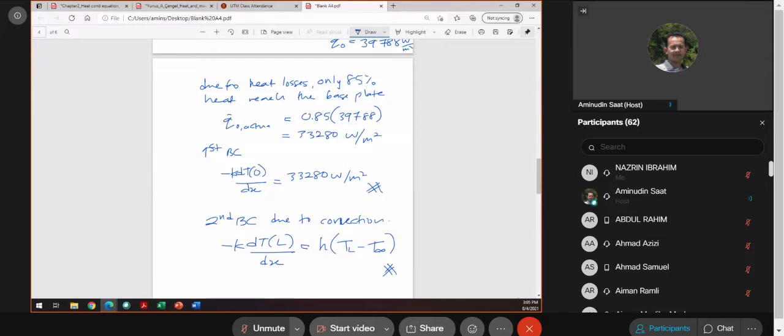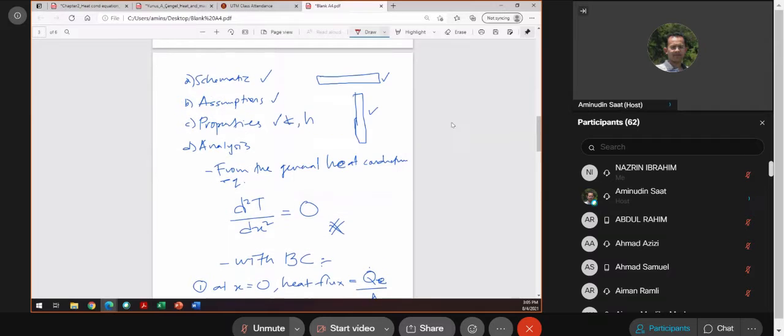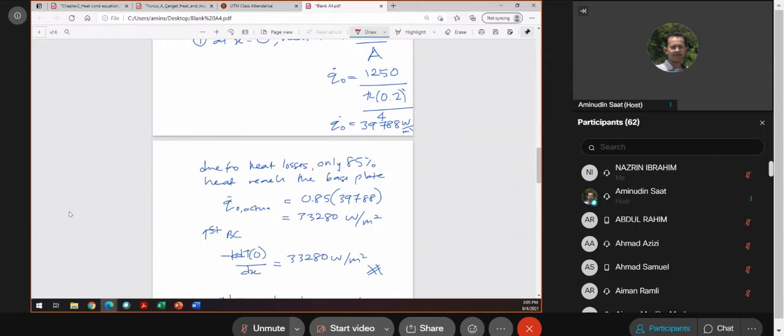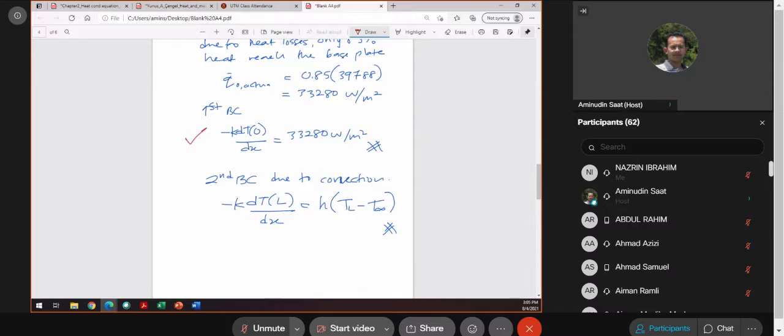So basically you have three mathematical formulations for this problem. This is the first one, this is the second one, and this is the third one. I think this is the final.